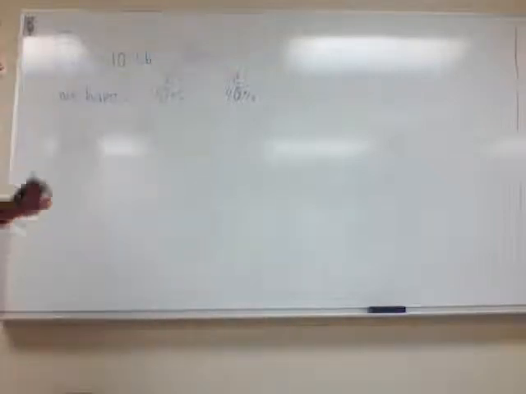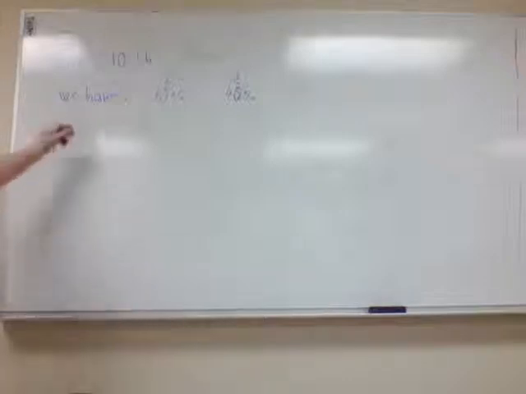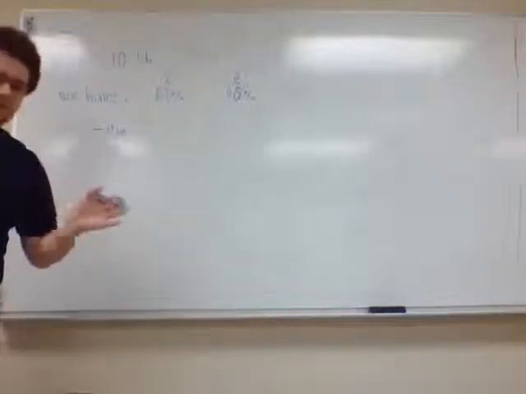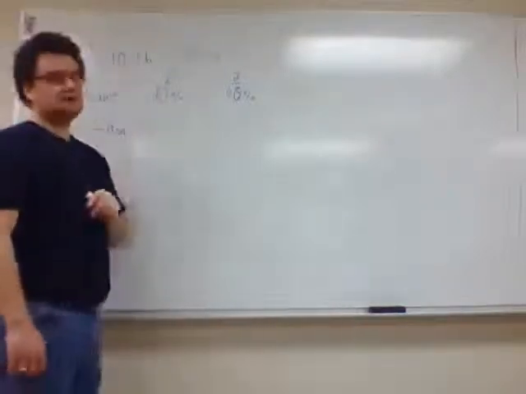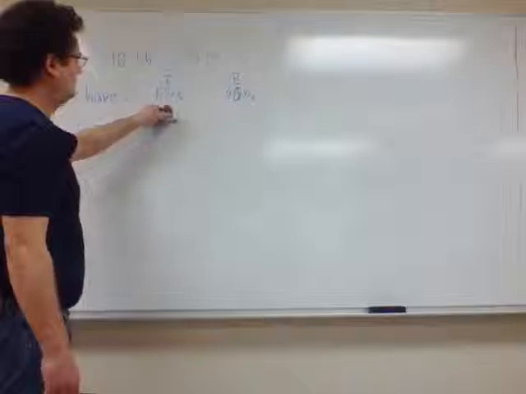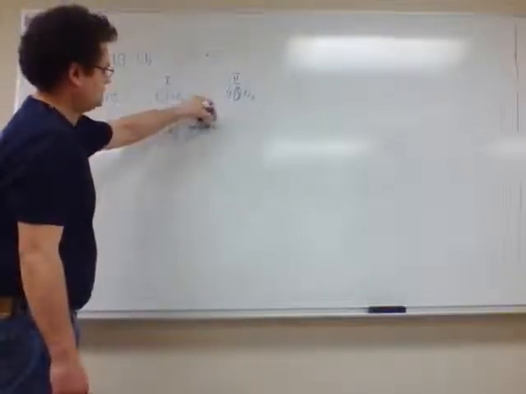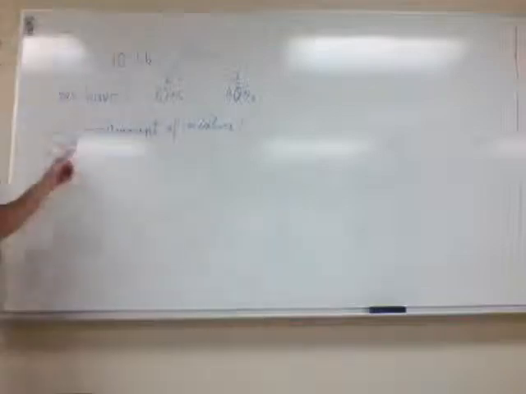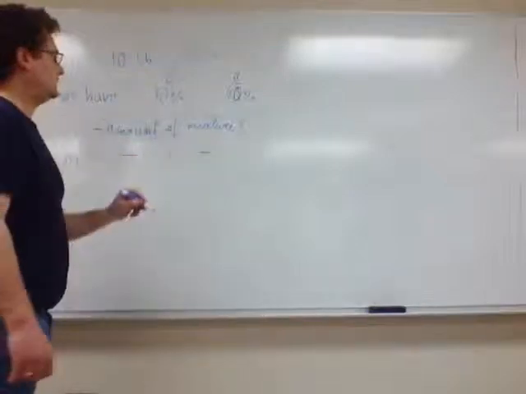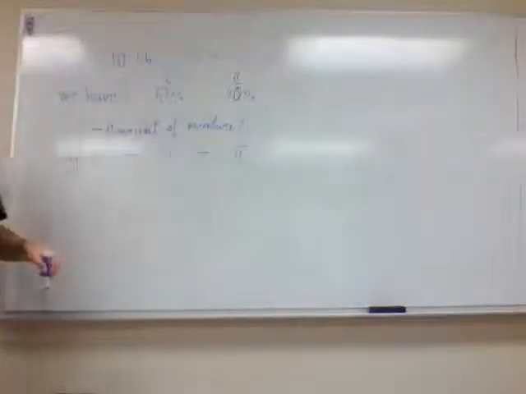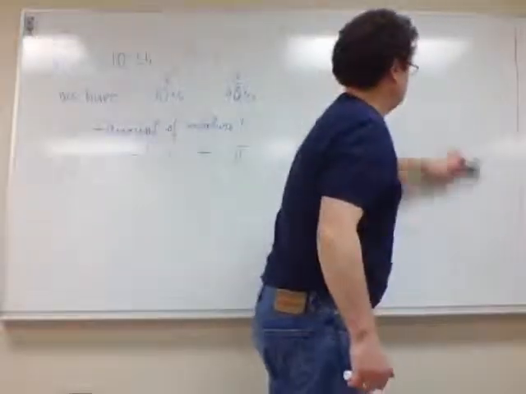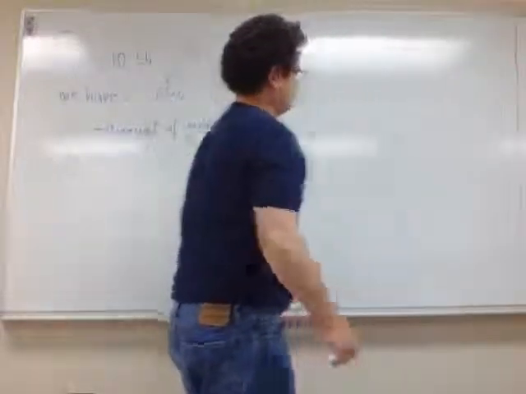peanuts. So let X be the amount of mixture 1, in pounds, since we have pounds here. So the amount of mixture 1, that's X. Now Y is, by Y we denote the amount of mixture 2 in that combined peanut mixture.